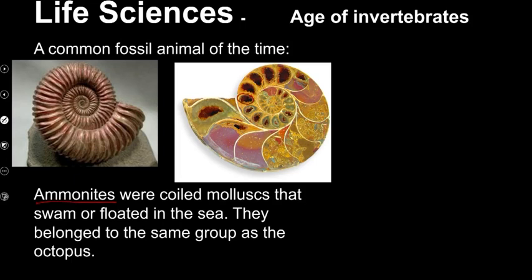And as you can see, they were made of a whole lot of compartments. Now, the beautiful colors shown here do exist, but they are from the minerals that percolated into this as it became a fossil. And these were related to the octopus.